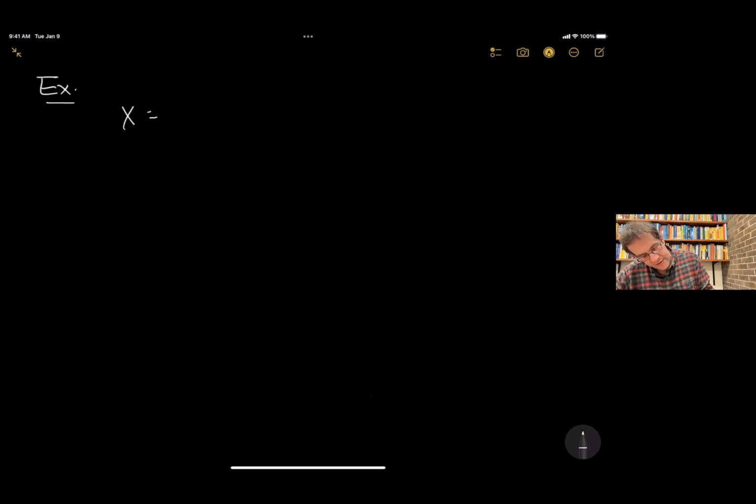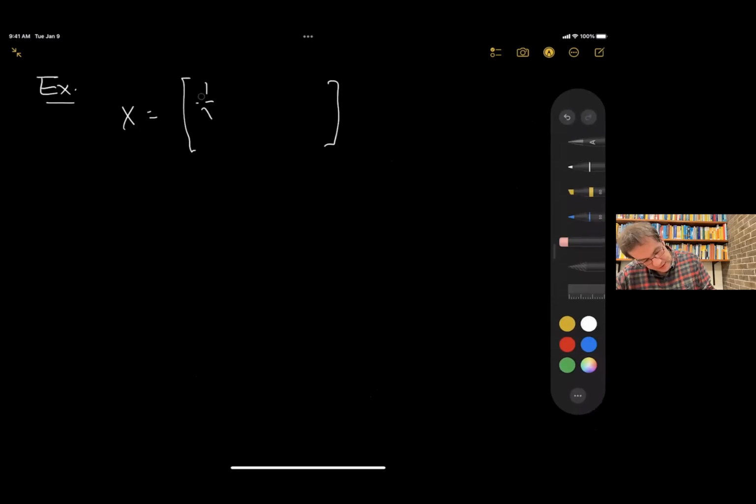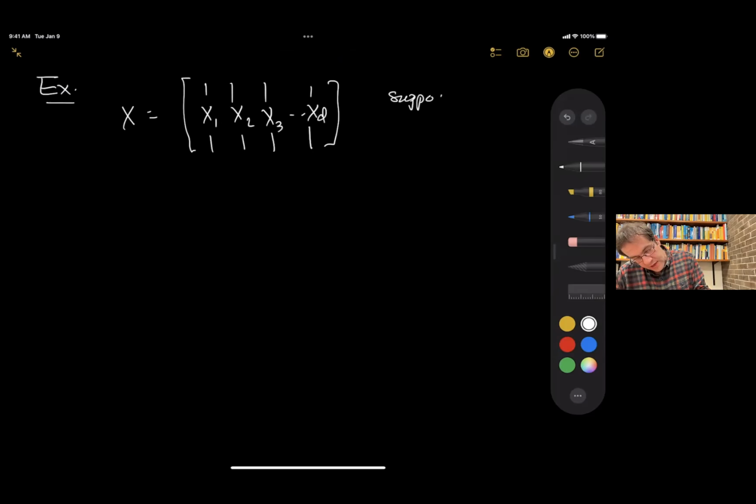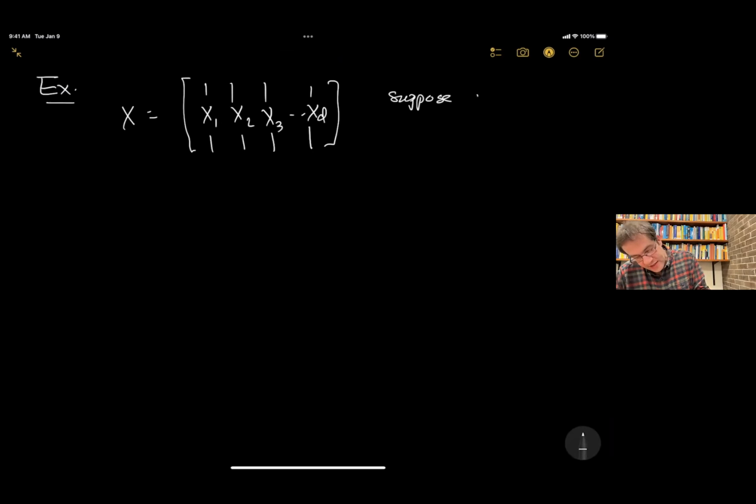So suppose that you have a random matrix, D by D, and let me call its columns X1, X2, X3, etc., until XD, right? So suppose you take such a random matrix that has independent columns. So the ith column is a random vector, right?